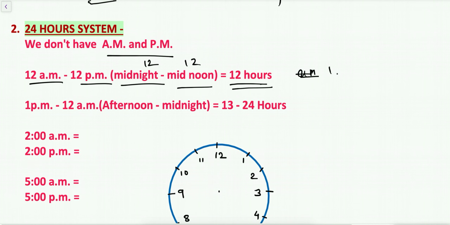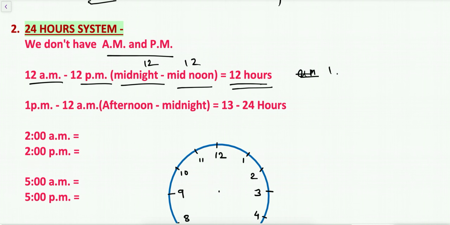Next question. 4 hours 360 minutes. We have to convert it into hours. So 4 hours is already in hours. Now we have to convert 360 minutes. 1 minute is equal to 1 by 60 of an hour, so 360 minutes will be 360 divided by 60 hours, which comes to 6 hours.